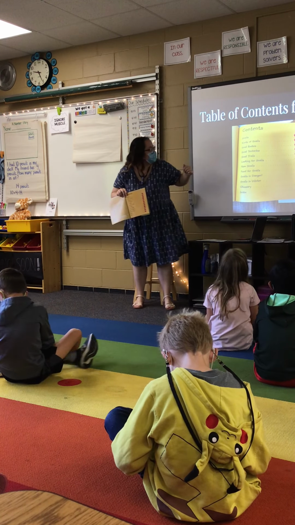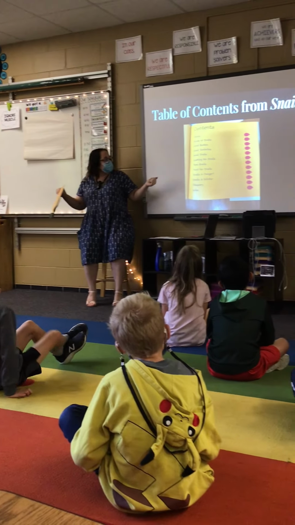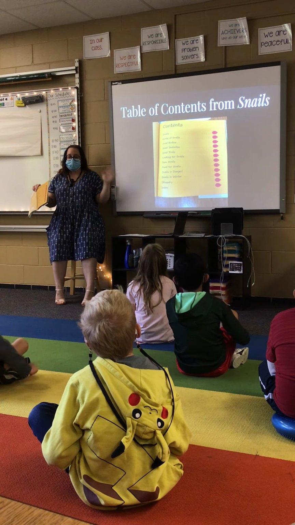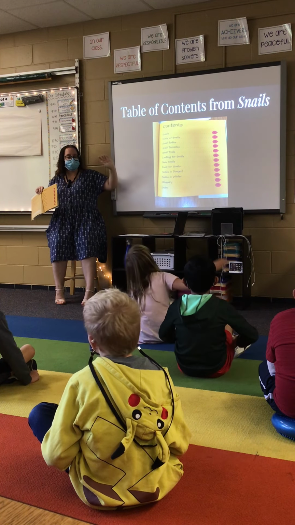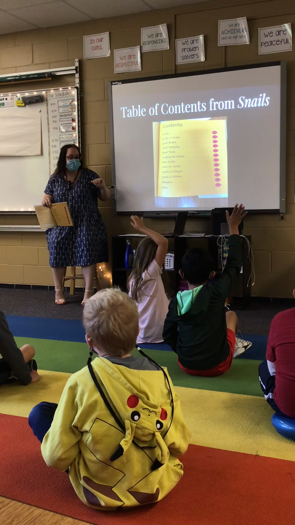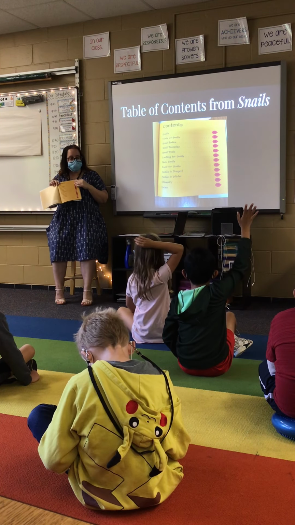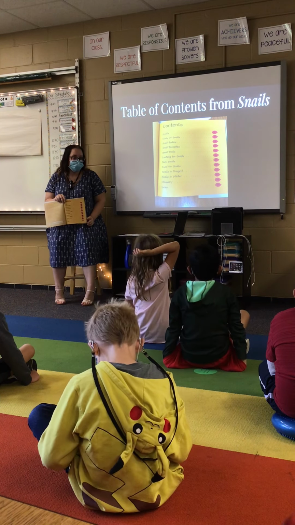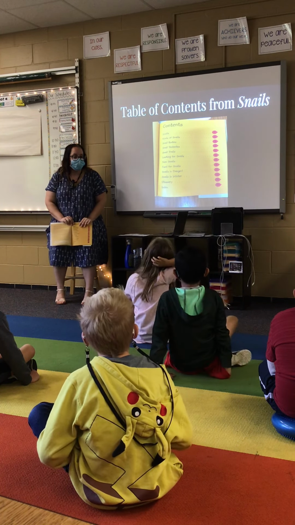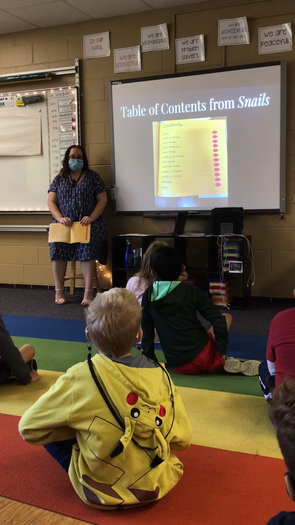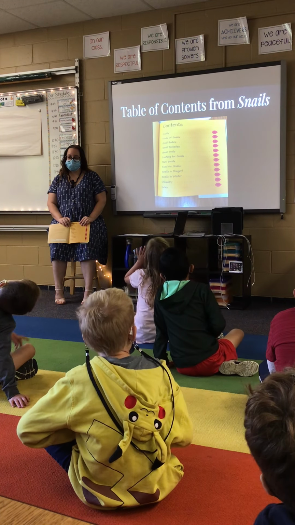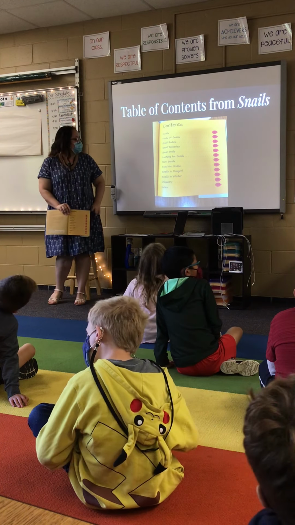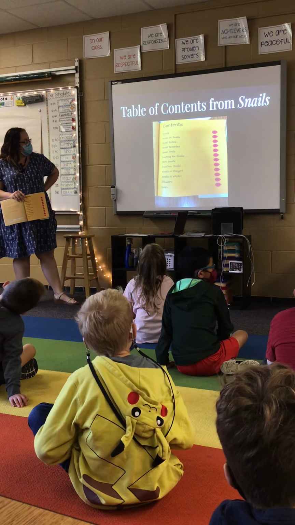So let's see. If I want to learn about what snails eat, who can tell me where in the table of contents, what page would I go to? Saul? 18. How did you know that? Because it says one number. Yeah, it does say one number. Does anybody have anything to add to that? Calvin? You can just follow the dots and see what page number it is. Right.